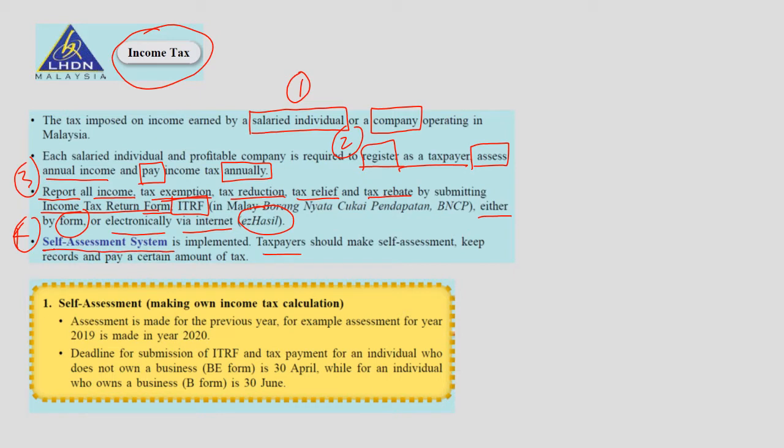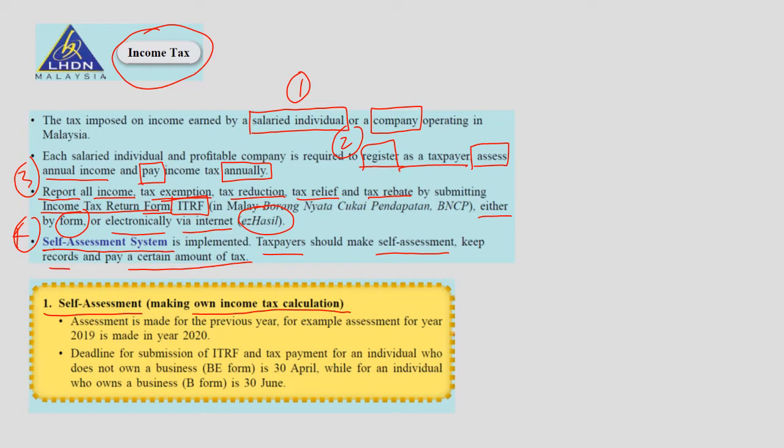Number four, the self-assessment system is implemented. So the taxpayer, like teacher, will make self-assessment, keep records, and pay a certain amount of tax. There are guidelines for us on how to fill in the form and how to assess our income tax. So this is what is called self-assessment, making our own income tax calculation.